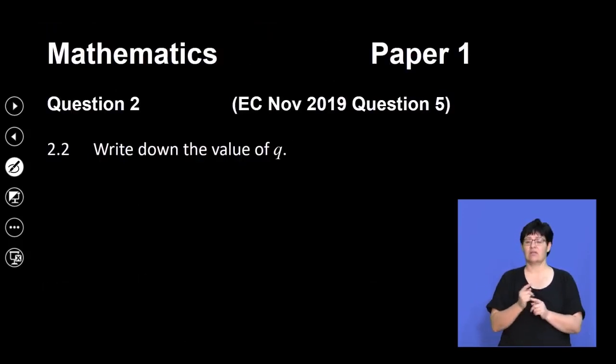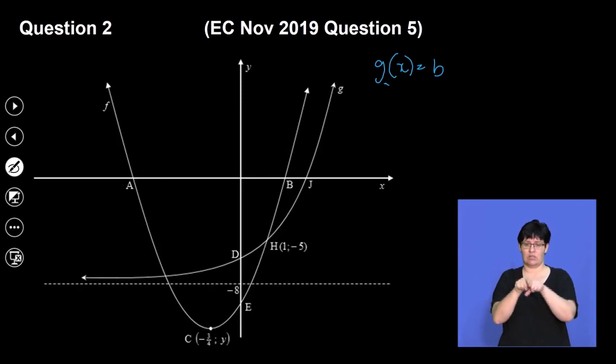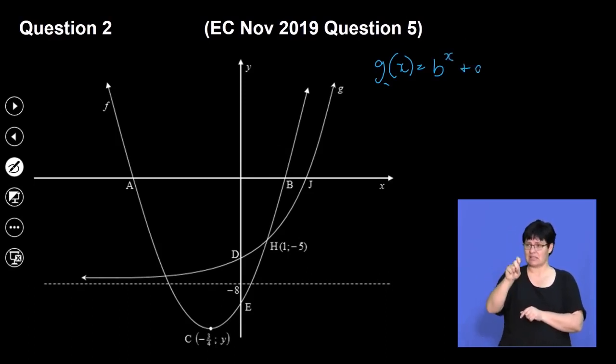We're going to use the diagram for the next question. The next question says, write down the value of q. We were told that g of x is equal to b to the power of x plus q.